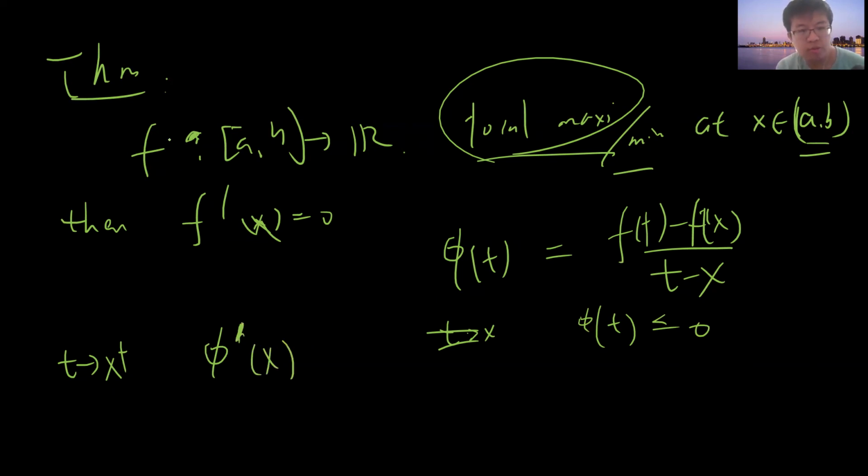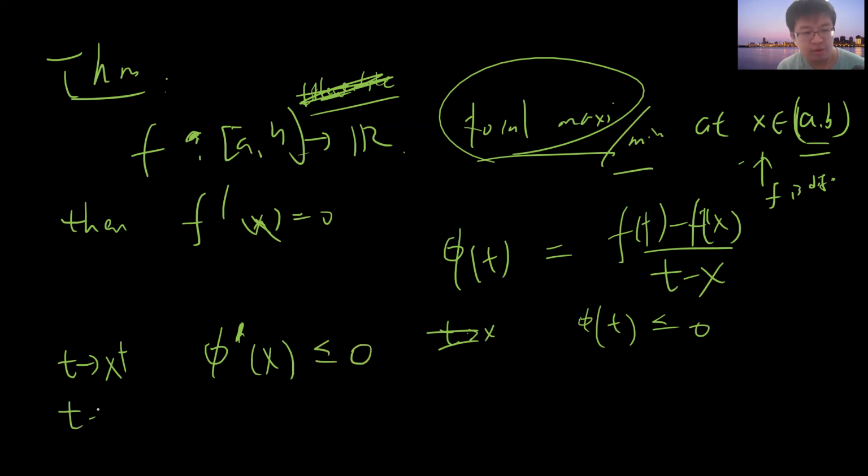So you need to assume, and I didn't write it down, that f is differentiable at x. Otherwise this limit may not exist. So if t approaches x from the right, then phi prime of x is less than or equal to 0.